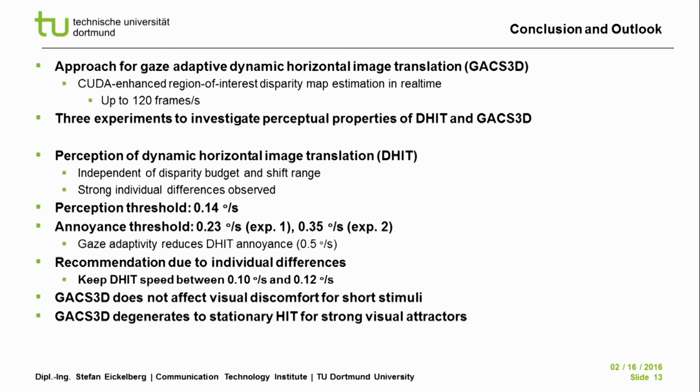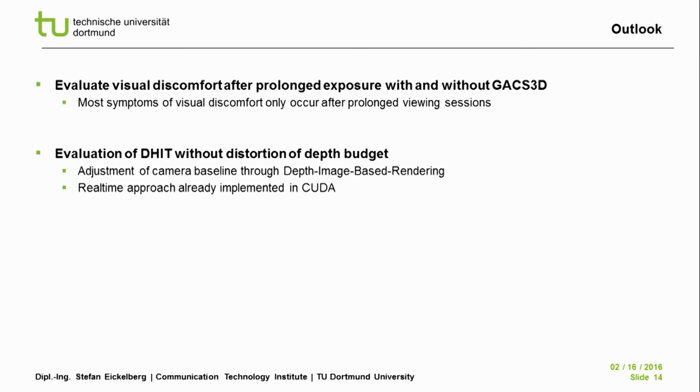And because of the individual differences, we recommend to keep the DHIT speed way below 0.12 degrees per second. Ghek's 3D does not affect visual discomfort for short stimuli, as we have seen just a few seconds ago. However, this does not necessarily mean that it does not work, because most symptoms of visual discomfort only aggregate over prolonged viewing sessions.